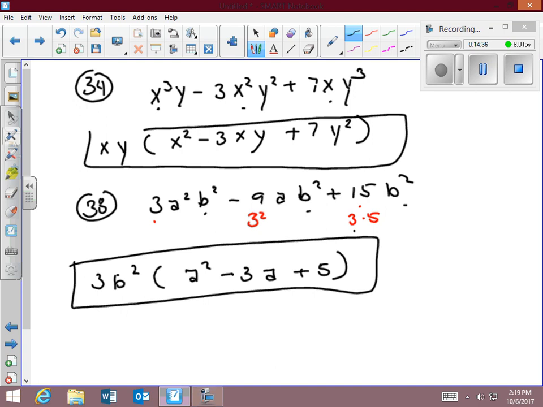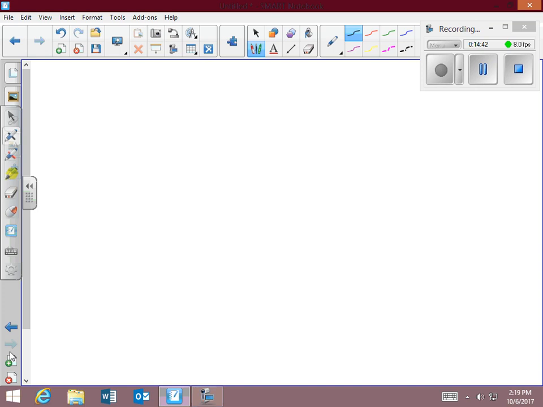Now notice 40 through 45 are variable exponents. These present a different kind of problem. 40. X to the 2n minus x to the n.